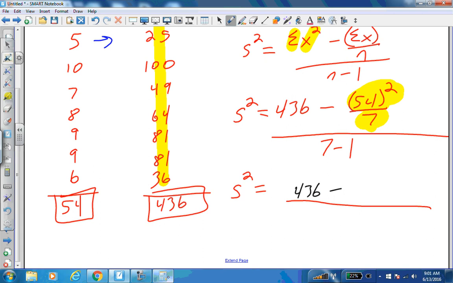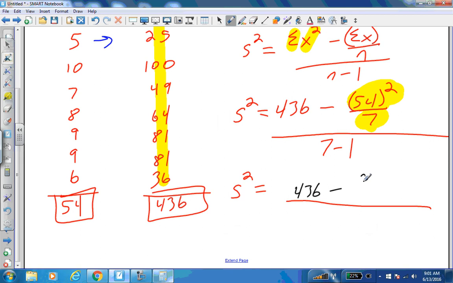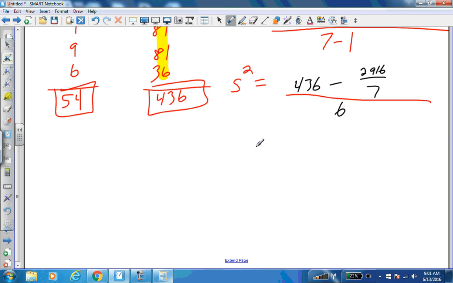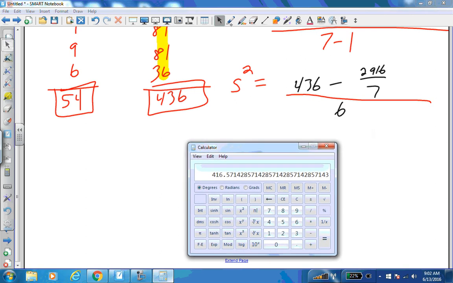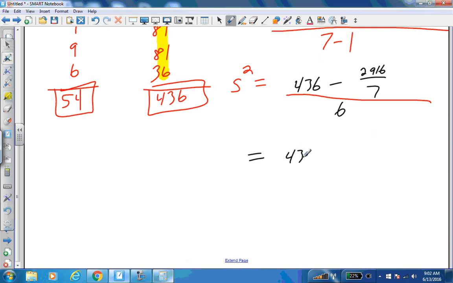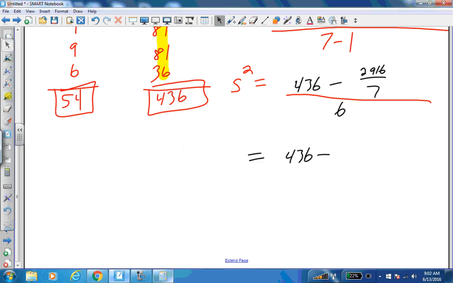Say, well, what is 54 squared? That's 2,916. On bottom, we can simplify that. Then say, well, what is 2,916 divided by 7? So that's what we're subtracting from 436. 416.57, and so forth.